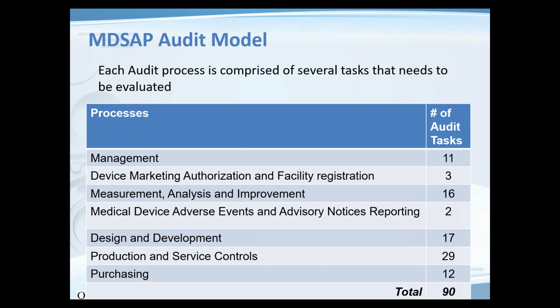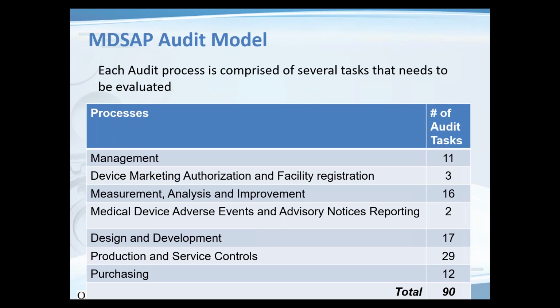And then purchasing has 12 tasks identified. The purchasing tasks can be audited in association with any and every one of the other processes. So this is the way the audit is going to be conducted by the MDSAP auditor. There is a total of 90 tasks.